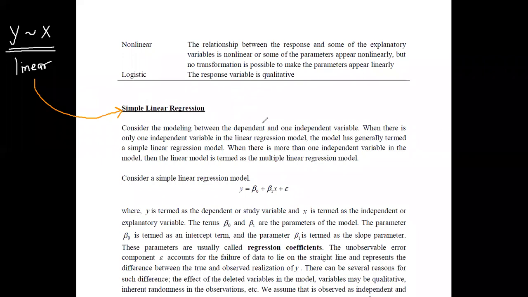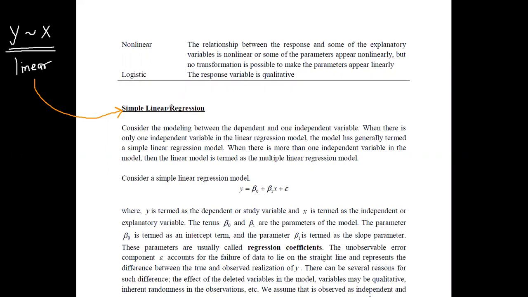Since we have one independent variable, we can say it is simple regression. Since the parameters behave linearly inside this model, we can say it is a linear model as well. By combining simple and linearity together, such a model is said to be a simple linear regression model.